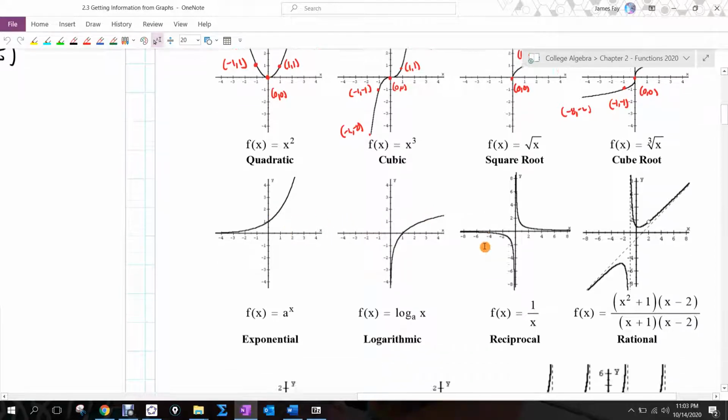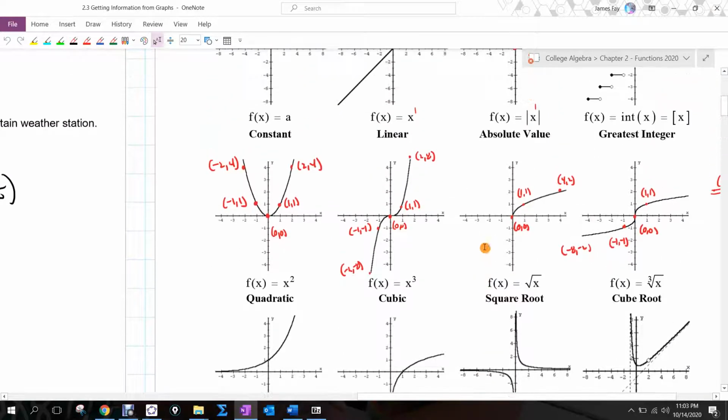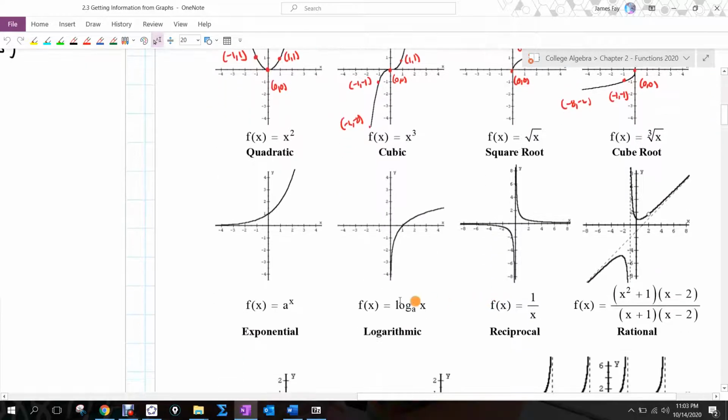But every square root function is going to have some type of relationship where the graph is going to look something like this, and the rule is going to look something like this. Every exponential, the graph is going to look something like this, and the rule is going to look like this. So there's those relationships, those characteristics that are shared and similar.